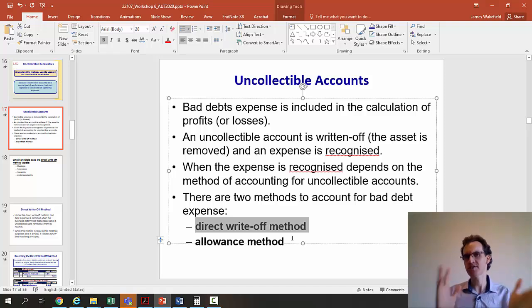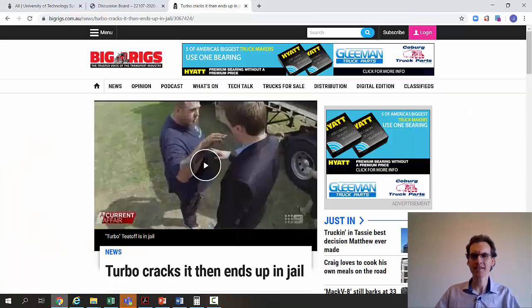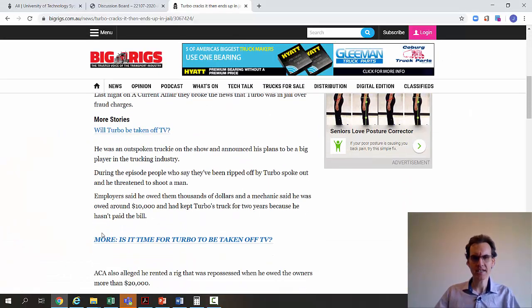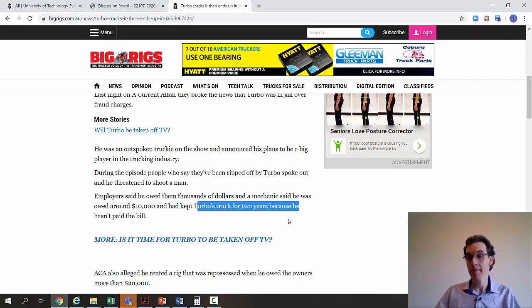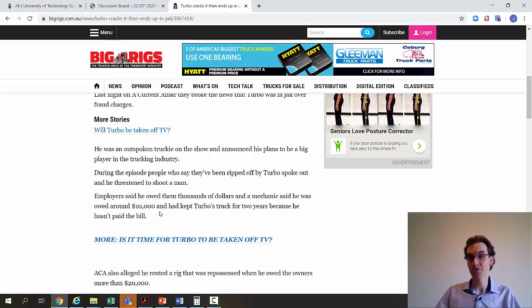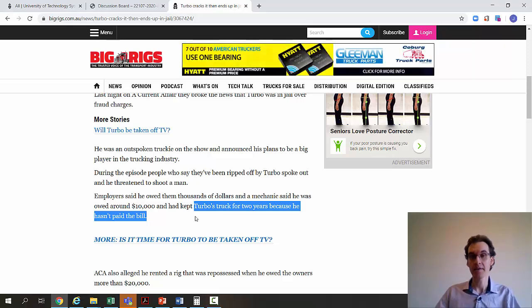Now, it could take you some time to work out that the customer is not going to pay you. If I go back to that article, it mentions that the mechanic who was owed $10,000 kept Turbo's truck for 2 years because the bill wasn't paid. Mechanics are allowed to do this according to their contracts: they will keep your vehicle if you don't pay the amount owing for the repairs they have carried out on that vehicle.